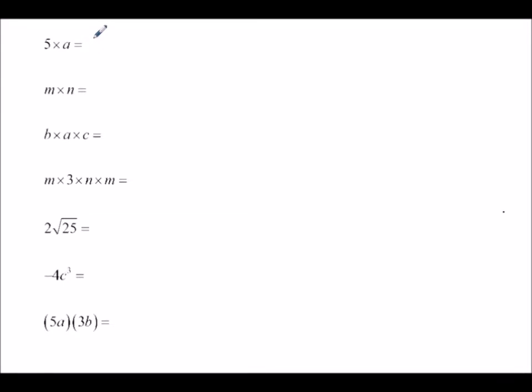5 multiplied by a is 5a. M times n, remember that dot there also means multiply, and that will be mn. B times A times C, we always arrange them in alphabetical order.